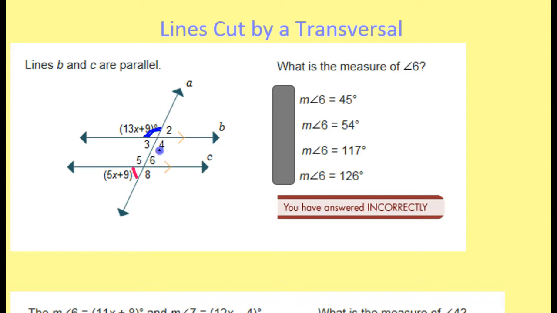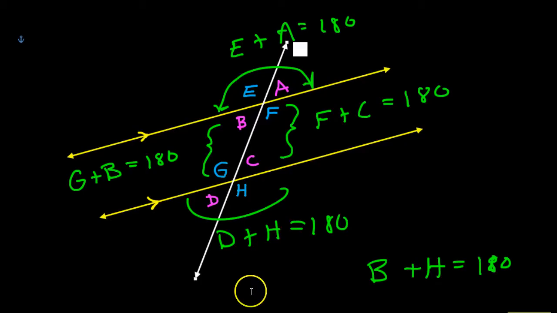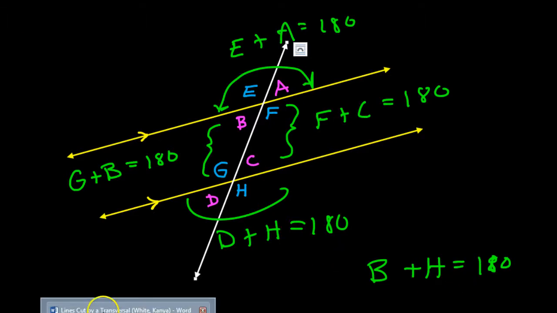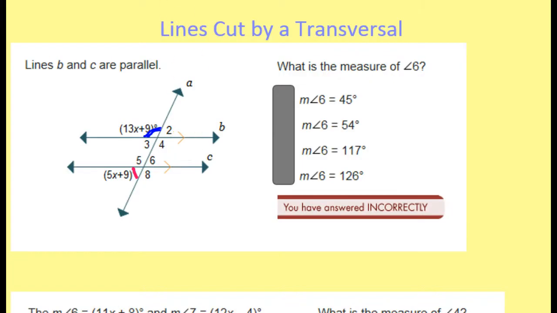Remember I told you that when you have an acute angle and an obtuse angle in a situation like this, parallel lines cut by a transversal, they are supplementary, meaning they should add up to 180 degrees. Like all these little examples I did. So these two angles should add up to 180 degrees.